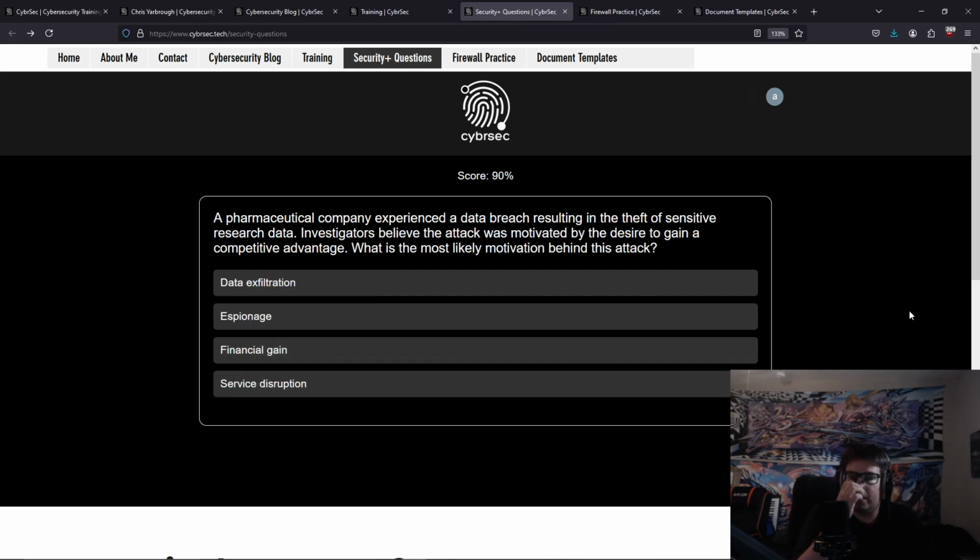A pharmaceutical company experienced a data breach resulting in the theft of sensitive data. Investigators believe the attack was motivated by the desire to gain a competitive advantage. What is the most likely motivation?